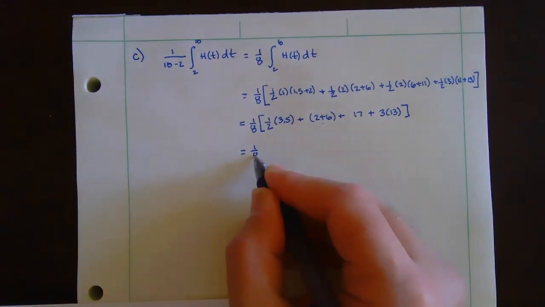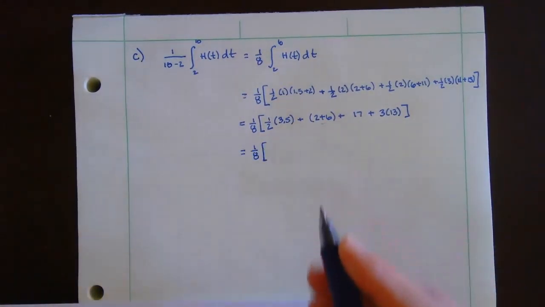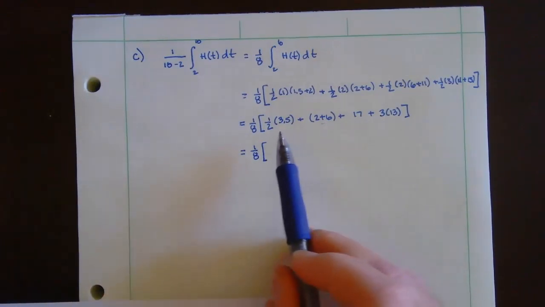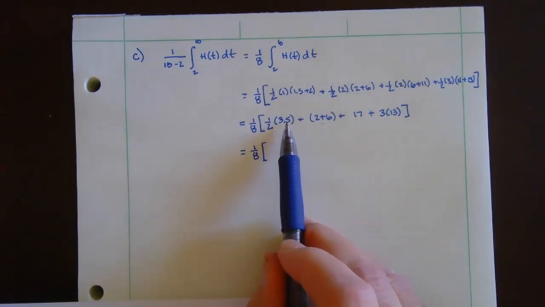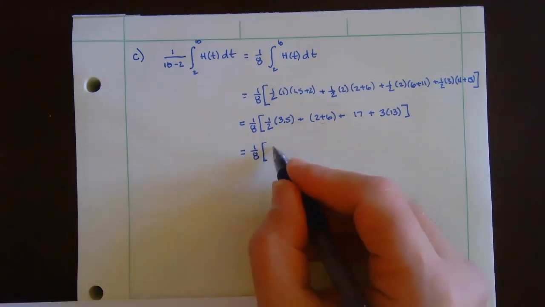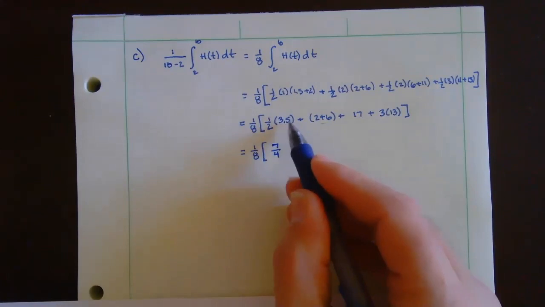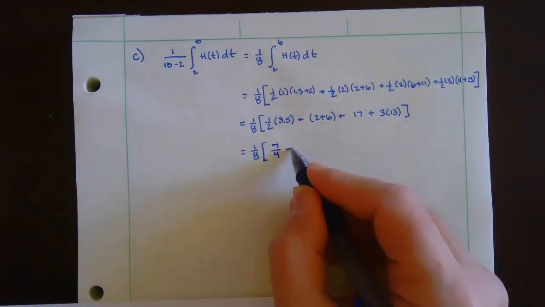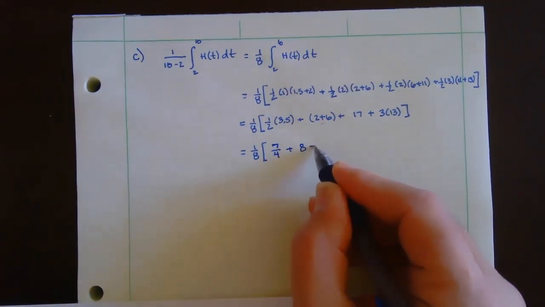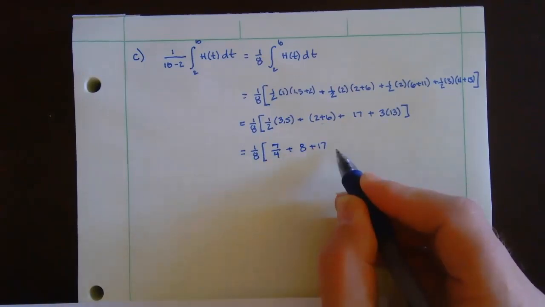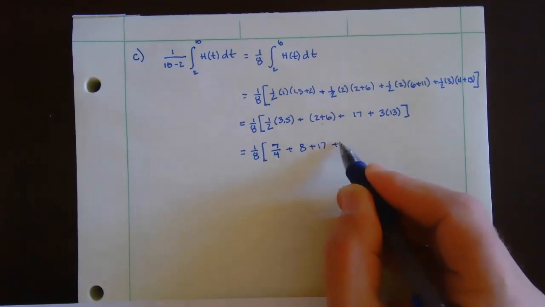So this would be 1/8 times... And you know what, guys? Really, what I would do is change this to fractions. 3.5 is 3 1/2, so that's 7 halves. 1/2 times 7 halves would be 7 fourths, plus 8, plus 17, plus 39.